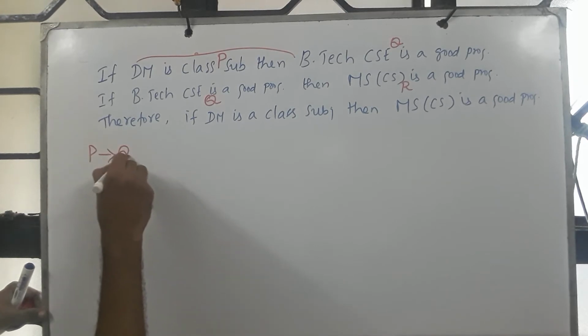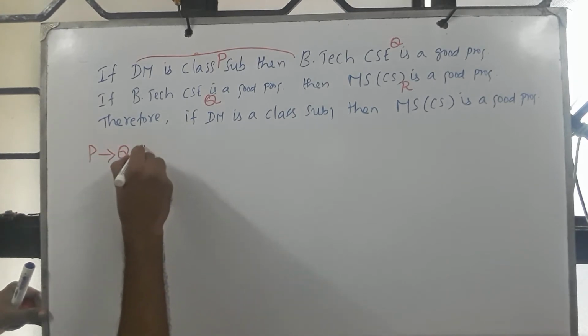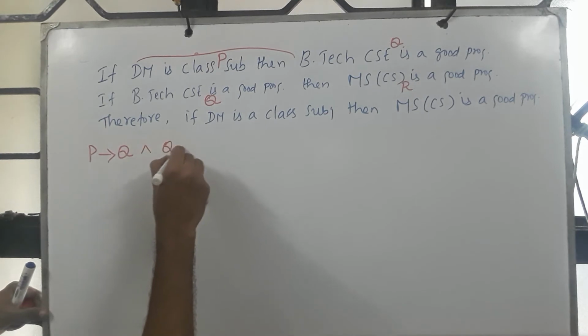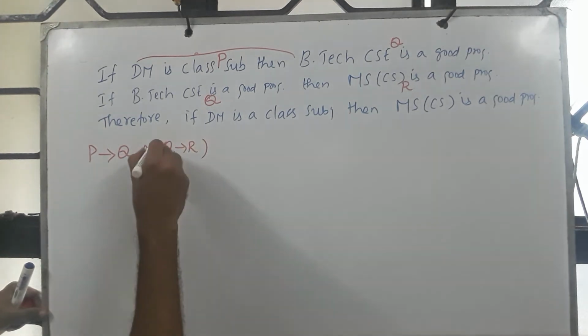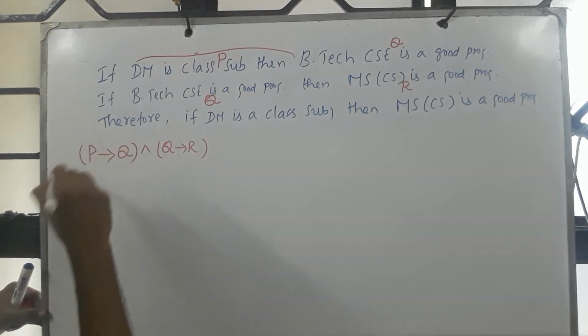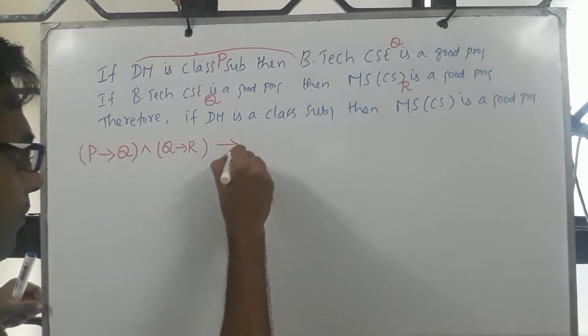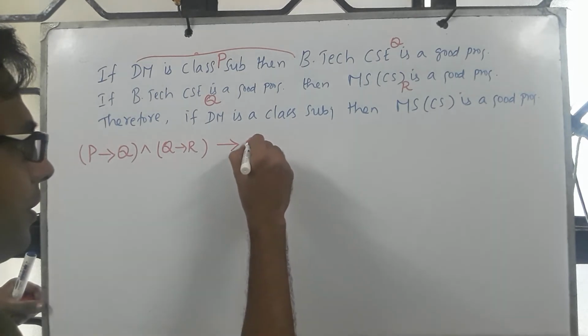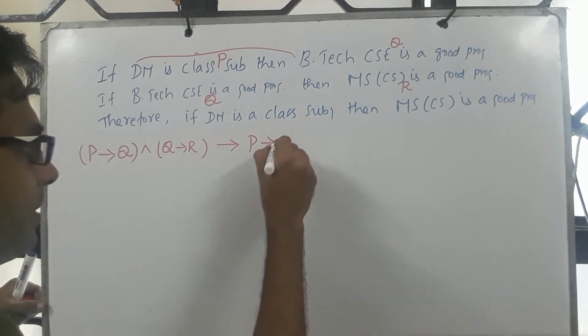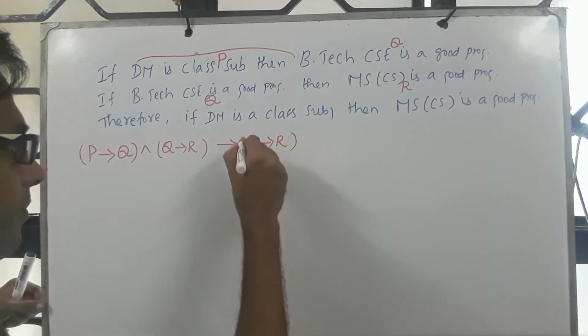P implies Q and Q implies R. We are given two expressions. We want to know, therefore, P implies R.